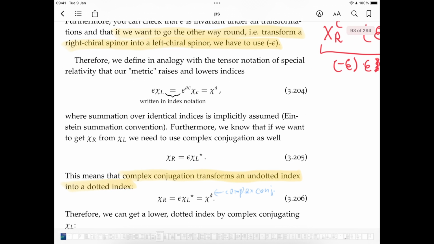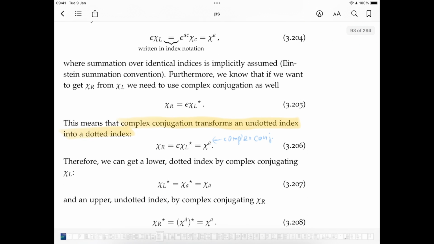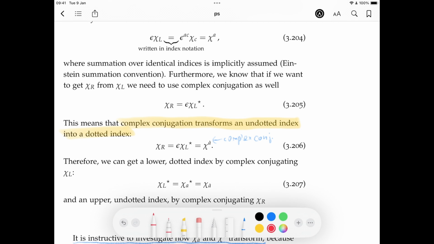Just adding a matrix is not enough because it will put your index up, but you won't get a dot. To get a dot, you need to add complex conjugation, and that's exactly what the dot represents. So the spinor conjugation consists of the matrix and complex conjugation: the matrix puts your index up, and conjugation adds a dot to it. That's how we convert from psi_a lower to psi with a dot at the top.